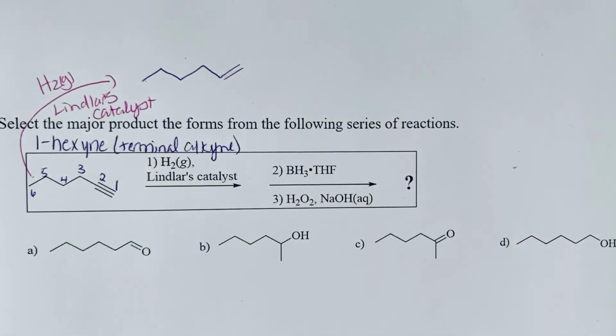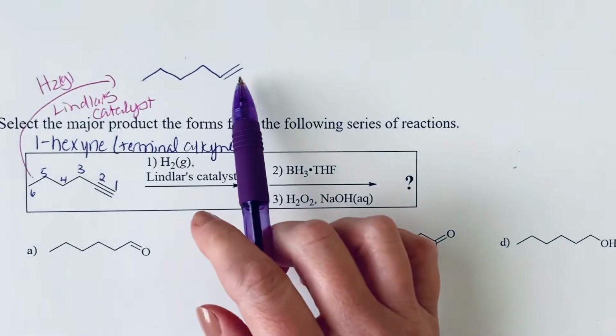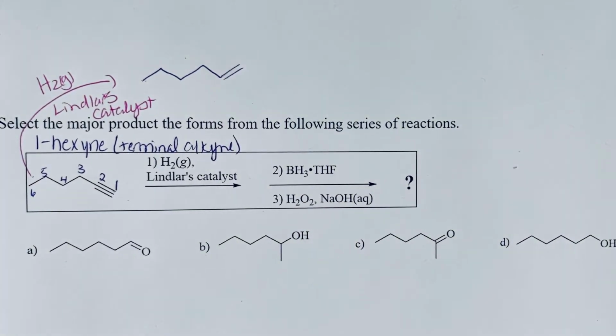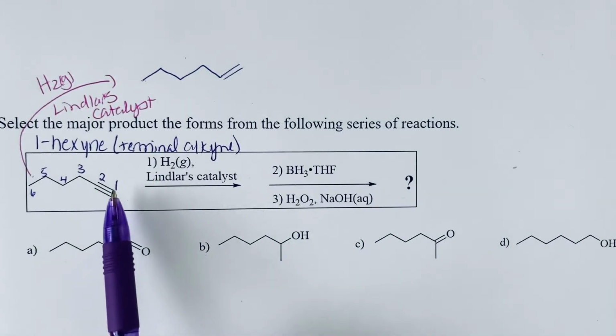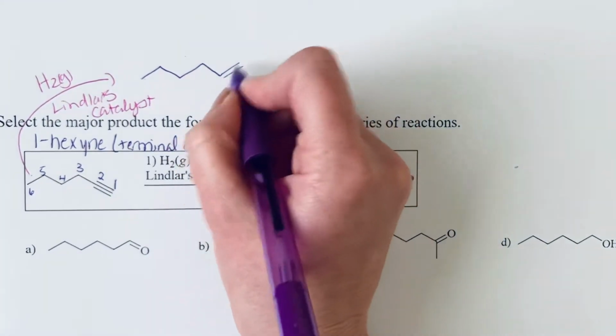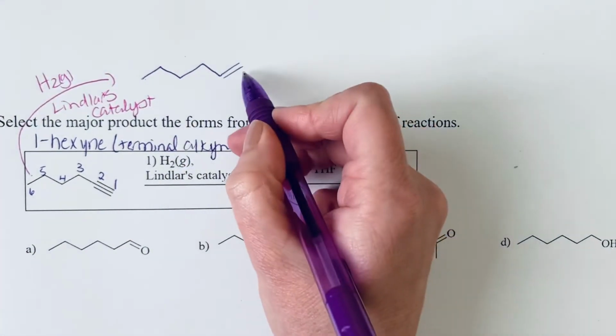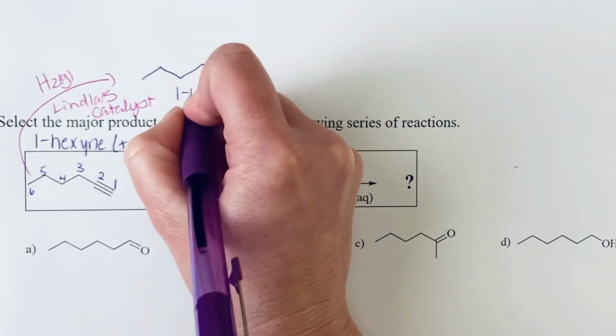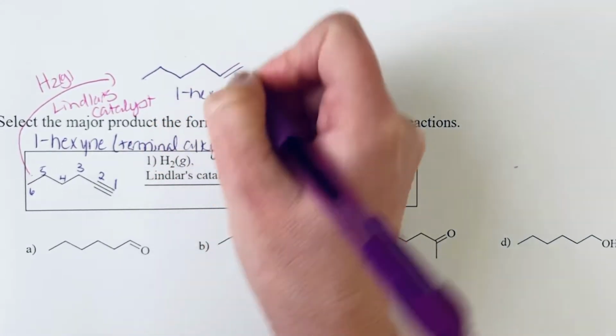So in this case, don't let it throw you off that this is not a cis-alkene, right? If there had been another group here, it would be a cis-alkene, because these two hydrogens are definitely going to add to the same side. It's just when your alkyne itself is terminal that we don't see stereochemistry, because this alkene is not stereoisomeric. So we're going to get the 1-hexene, okay?